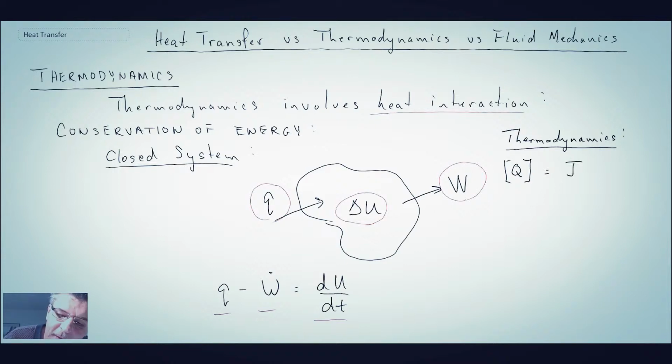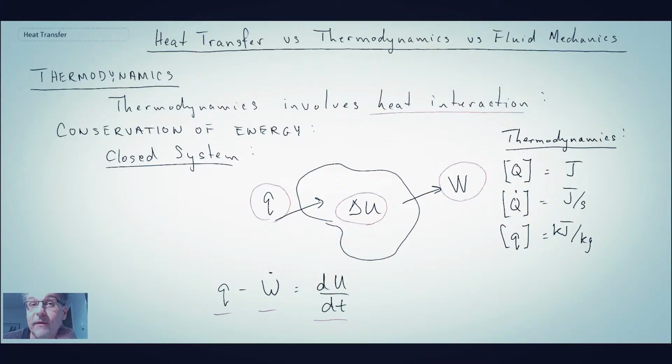So quite often we'll have capital Q. Sometimes you'll see capital Q dot, and that would denote joules per second. And then other times we divide by the mass flow rate, m dot, and that gives us a little q that we use in thermodynamics, and that's usually energy per unit mass, so kilojoules per kilogram. And that is what we've used in thermodynamics.